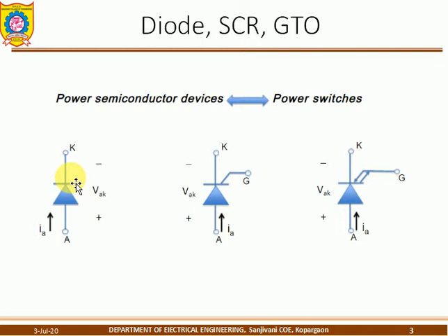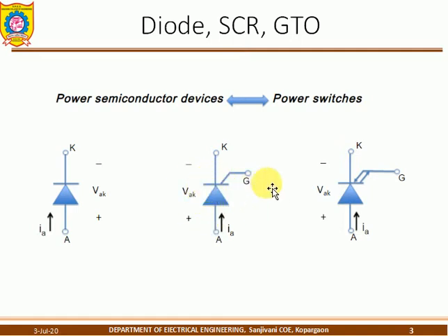When we go for the SCR, silicon controlled rectifier, it is derived from the diode with one more leg, one more terminal, called the gate terminal. This gate terminal is used only to turn it on under control; you can't turn it off by control, so it is an uncontrolled off device.